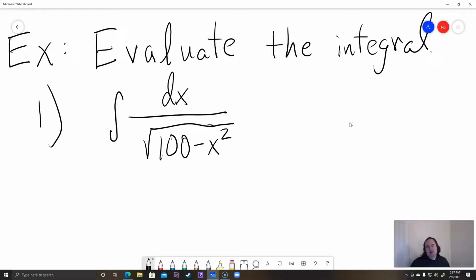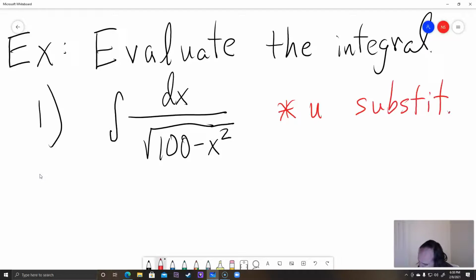Now if you just try to integrate this the way it's written, if you try u substitution, it's not going to work, because you would have to let u be 100 minus x squared, and then you would have an extra x up here. U substitution doesn't work here.